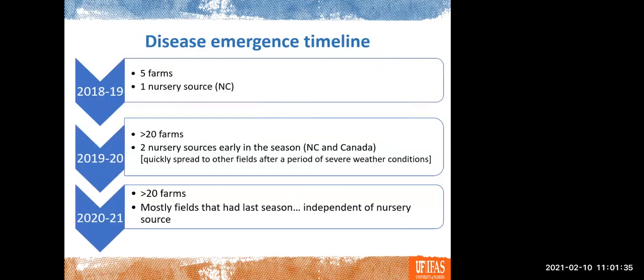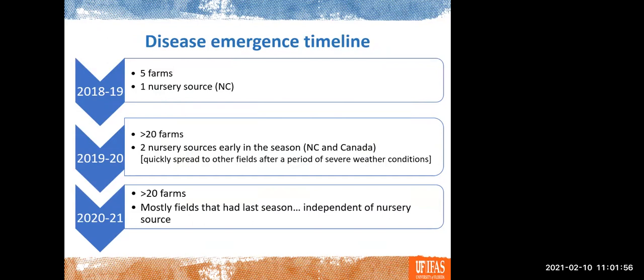I would like to spend a minute now going over the timeline on the emergence of this disease. We first had a significant problem in the 2018-19 season. We basically had 5 farms at that time with a significant problem. And the common link among those farms was the nursery source, which was the same nursery in North Carolina.